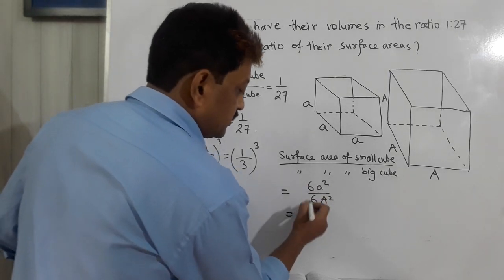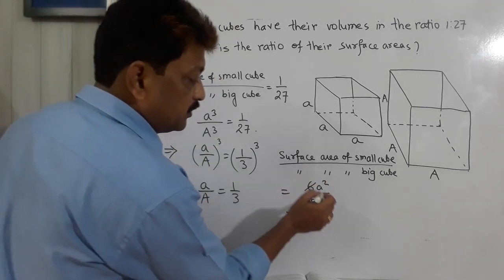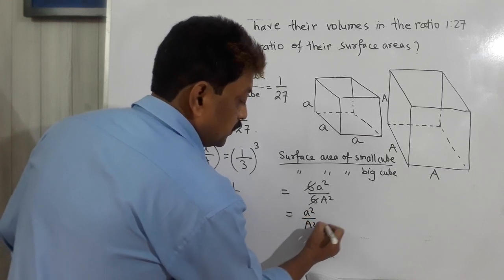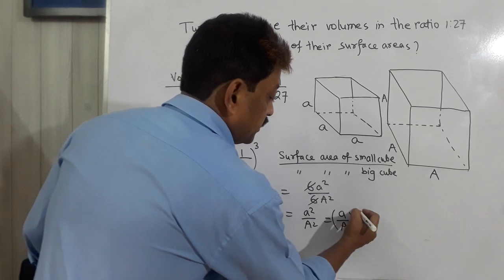Now we can cancel this 6. So it will be small a square upon capital A square, and that can be written in the form of small a upon capital A whole square.